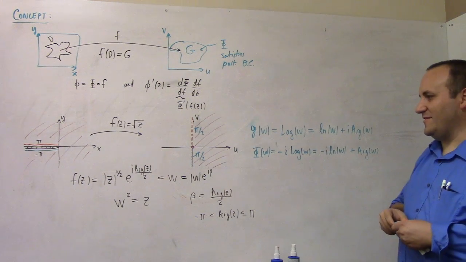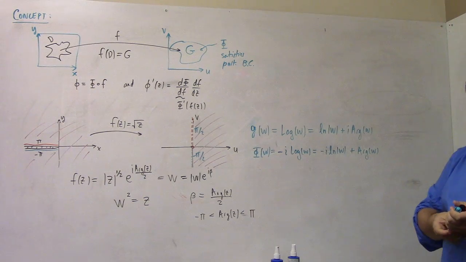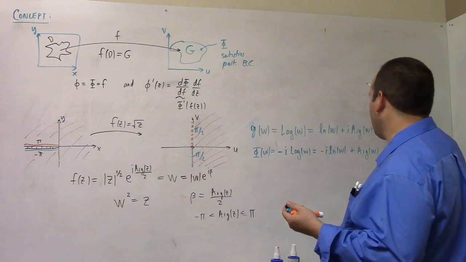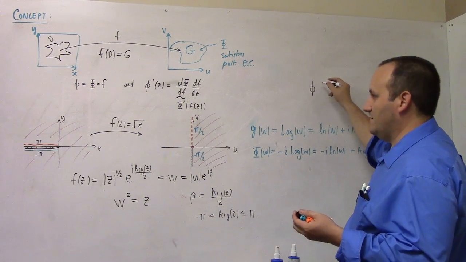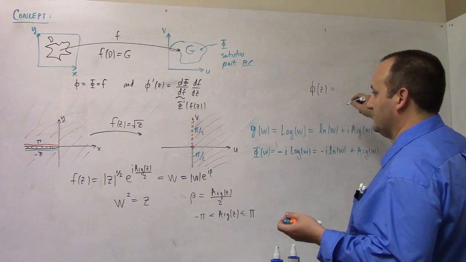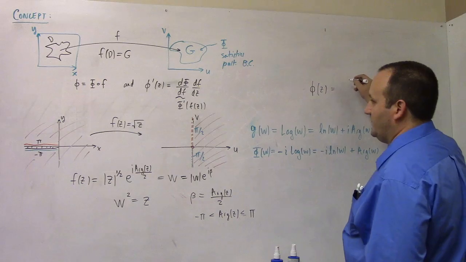I'm kind of curious what this does. I actually don't know. I feel like I'm violating the rules of the method. What happens here? So phi of z equals to, I'm supposed to do what?